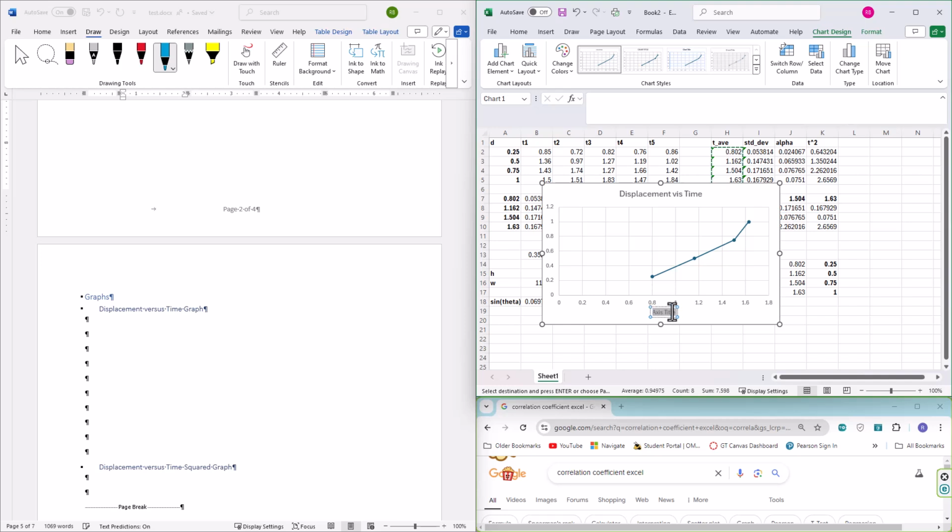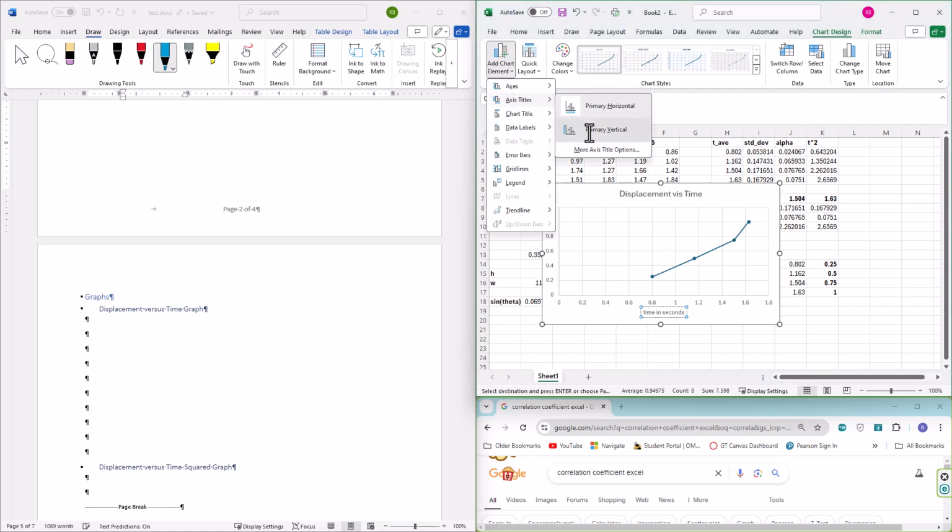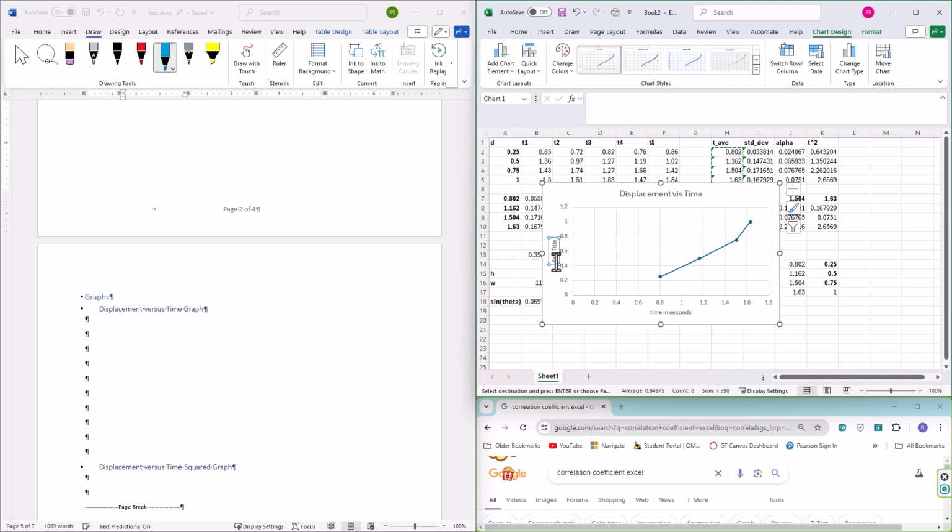So you want to do this, don't be proud of your work. Time in seconds. Make sure it's spelled correctly. Come back in here again. Axis titles, primary vertical. That is going to be displacement in meters. So you can highlight it, double click it. Displacement in meters, that's probably good enough.